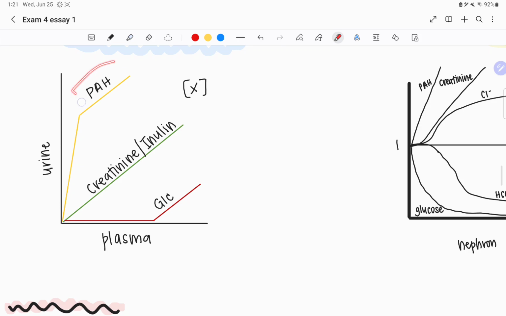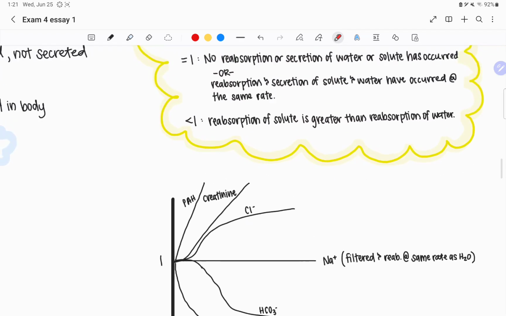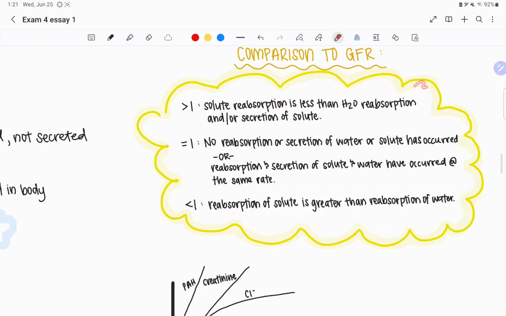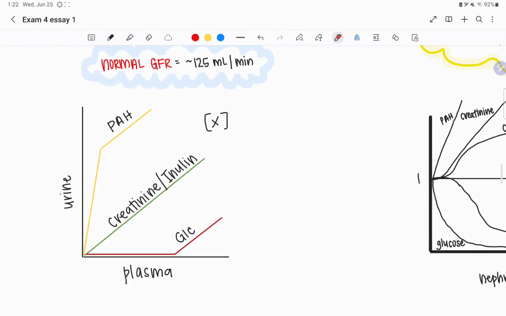Now this PAH, it's kind of a lookalike to penicillin. It is both filtered and secreted. So it's going to be greater than 1, right? It's filtered and it is secreted. So it's coming into the tubes in 2 different places, 2 different ways.